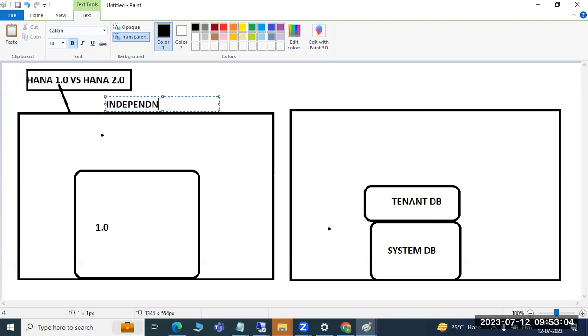If you build one house in 150 square yards, only one family can stay. Independent house concept, that is 1.0. Only one family can stay in one independent house. But this is the apartment concept, which means by default you will build G+1, one ground floor and a first floor.